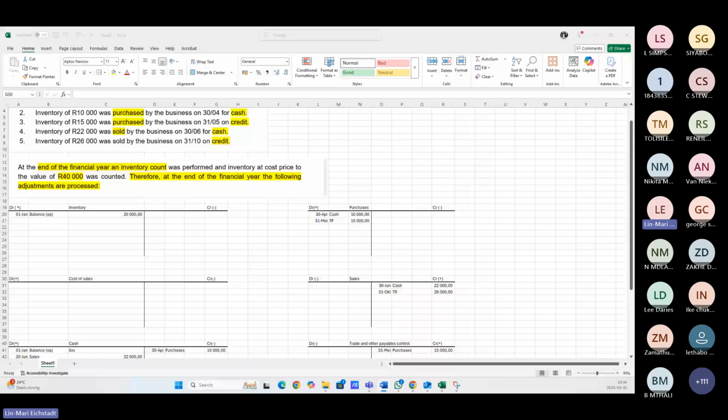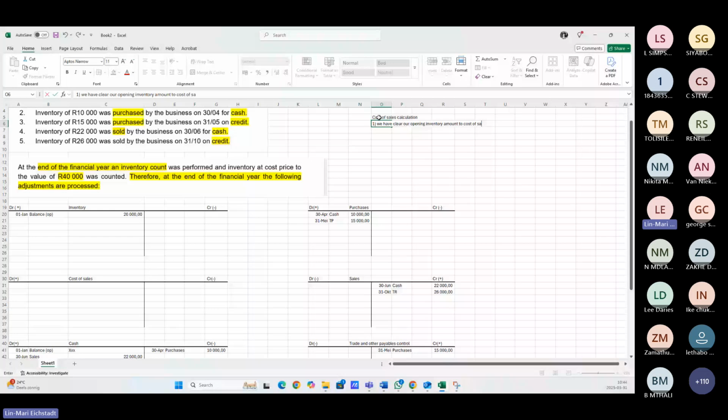So if we calculate cost of sales, we have to do a few things. Number one is we have to clear our opening inventory amount to cost of sales. So what would that look like here?